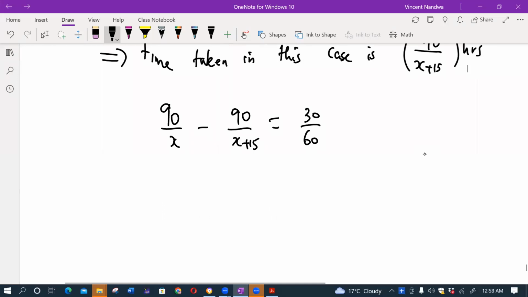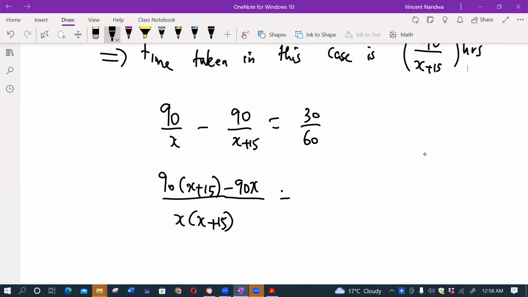So the LCM is x into x plus 15. So we'll have 90 into x plus 15 minus 90x equals a half.